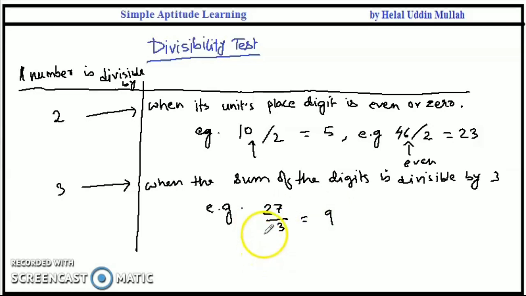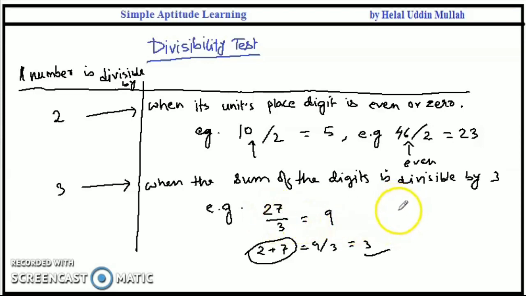Now check the sum of the digits of 27. 2 plus 7 is equal to 9. If we divide 9 by 3, it is equal to 3. So this sum is divisible by 3. So in that case, we can say that 27 is divisible by 3.